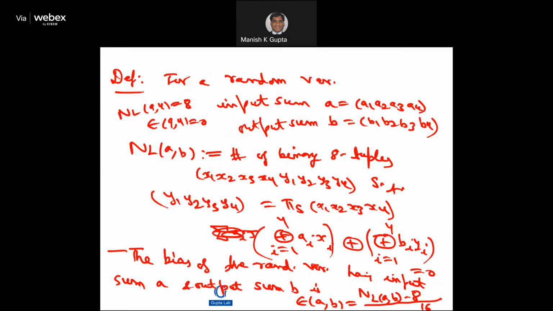Now, for a random variable, the input sum we call A equal to A1, A2, A3, A4, and the output sum B equal to B1, B2, B3, B4. We define NL(A,B) as the number of binary tuples x1, x2, x3, x4, y1, y2, y3, y4 such that the output is the image of x1, x2, x3, x4 under pi s.